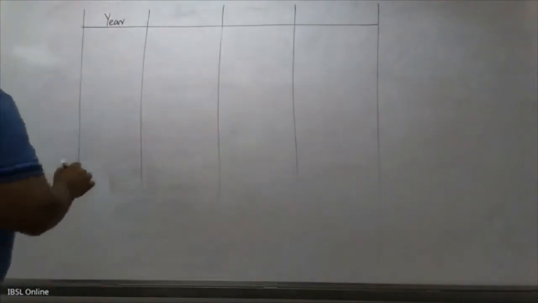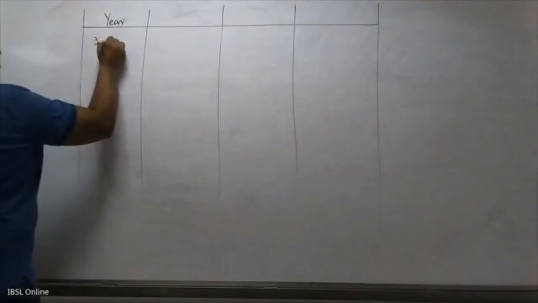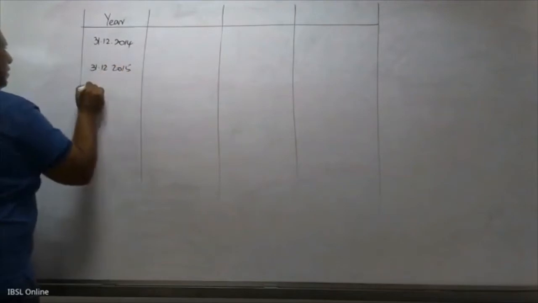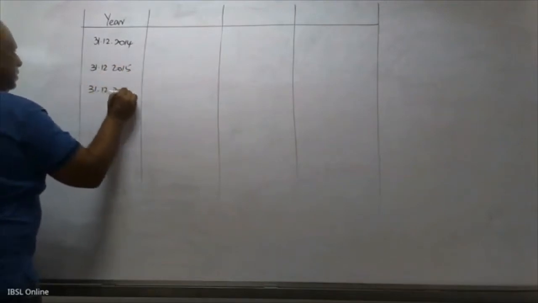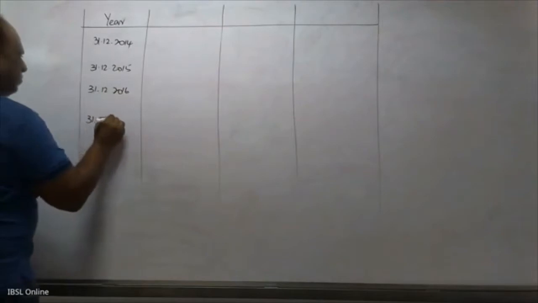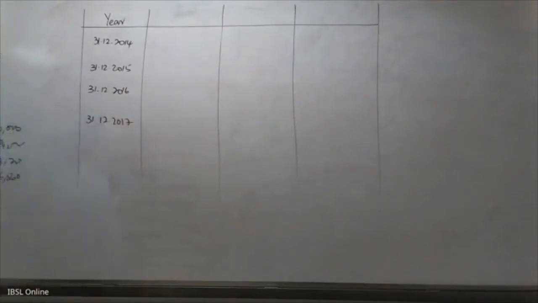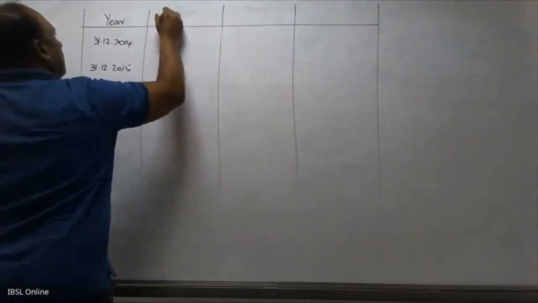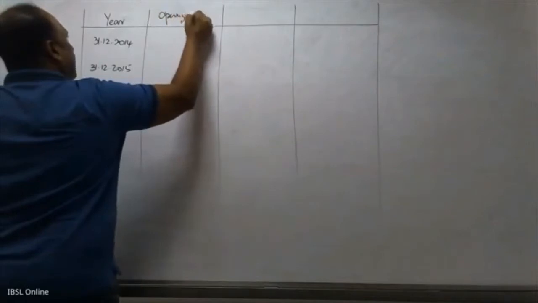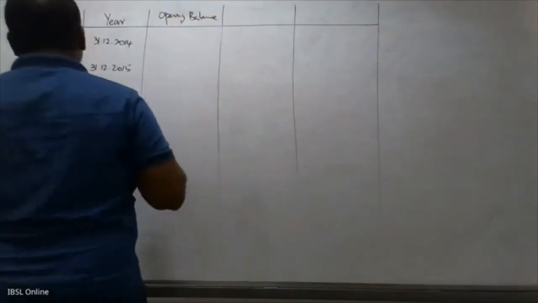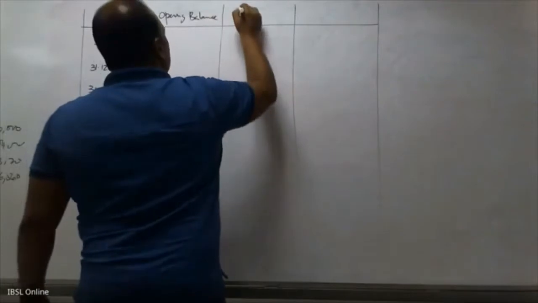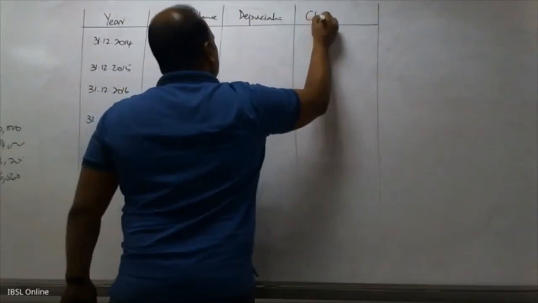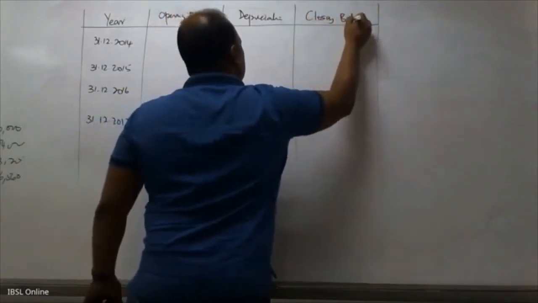Here, 2014, 15, 16. Okay, right. So I would say opening balance, depreciation, and closing balance.